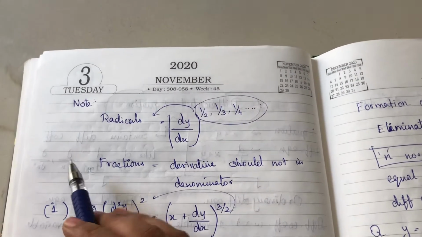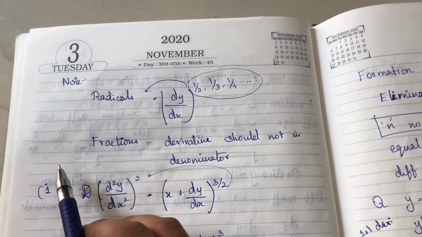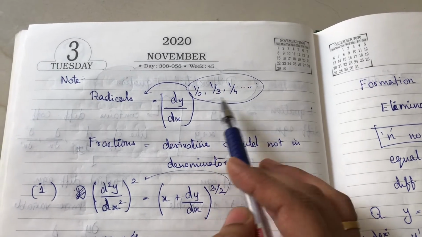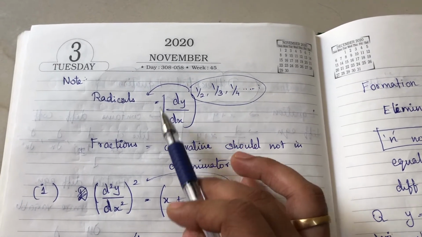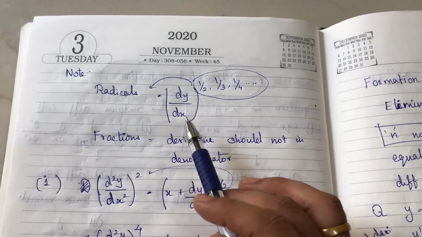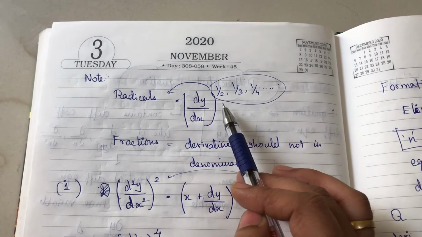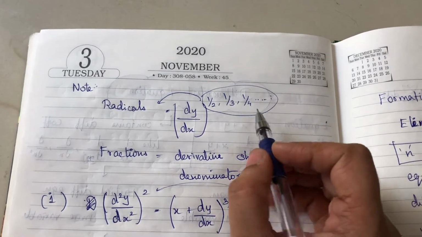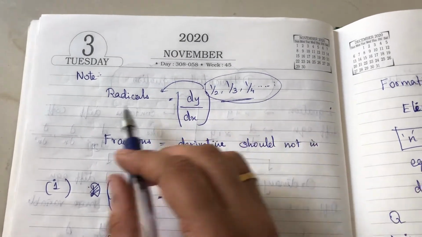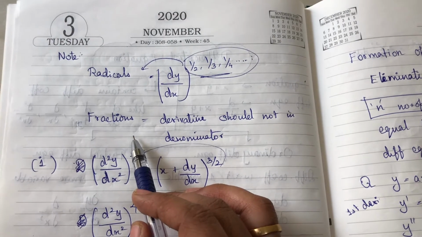And then what are radicals? Radicals is nothing but the power of this differential coefficient, like 1 by 2, 1 by 3, only the fractional powers. Okay, if the powers are fractional, it is said to be radicals. Fractions means what?